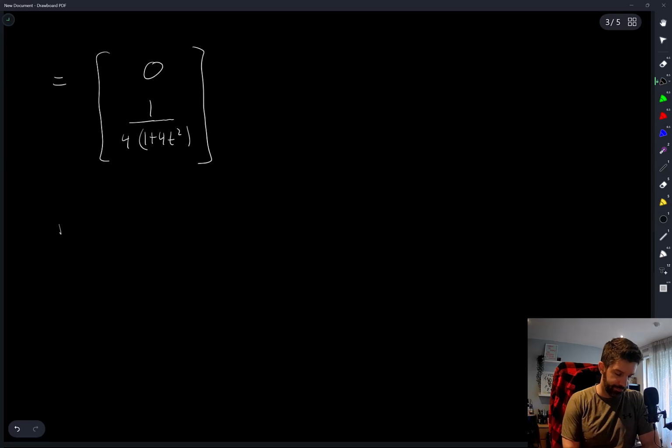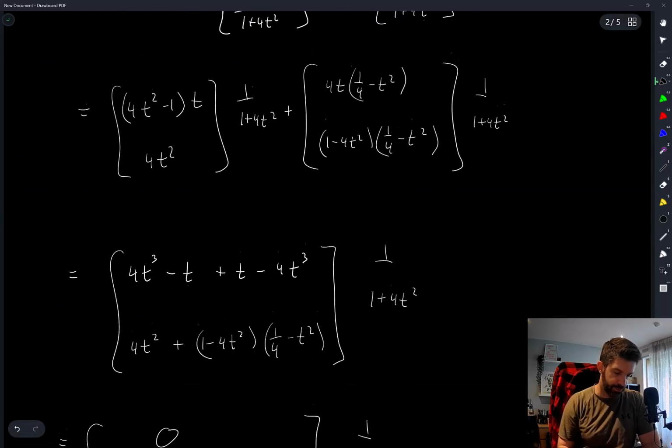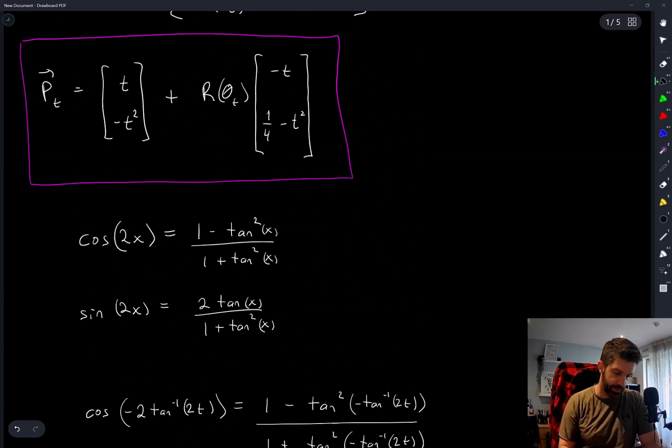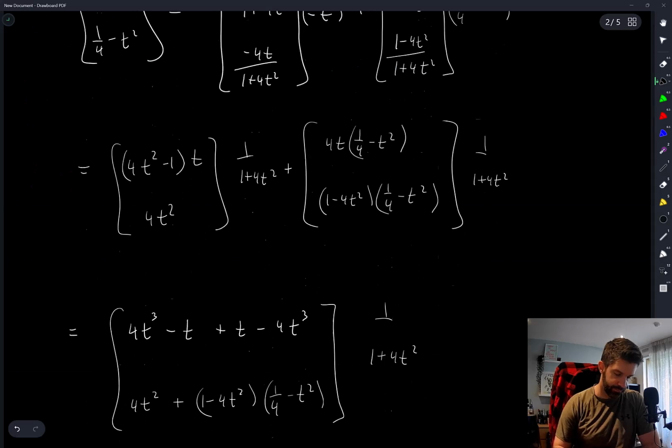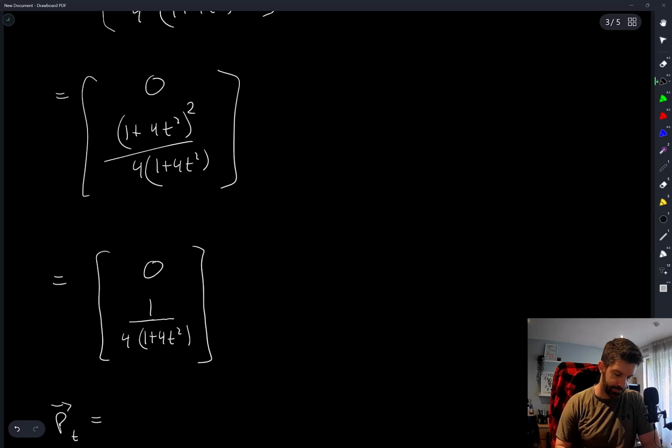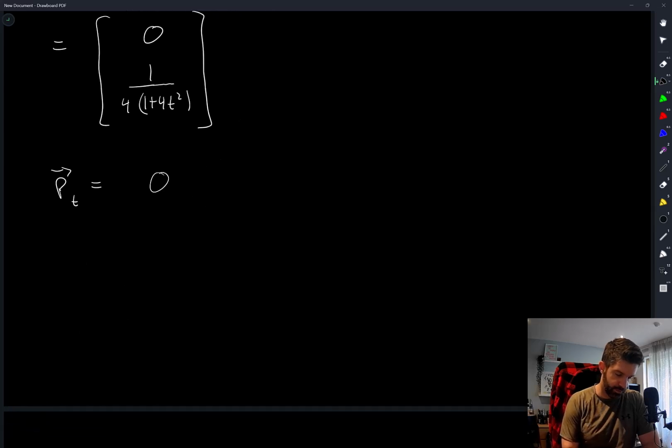And finally, we need to take this expression and substitute that up in here. So that's the thing that I've just computed, so I need to add this quantity to it. So I have 0, 1 over 4 times 1 plus 4t squared, and I have to add t and negative t squared.